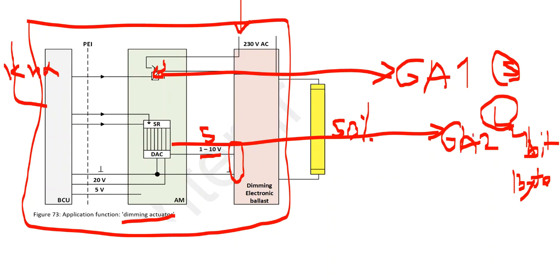Remember that I said the short operation switches the light on or off, or on to the last brightness value, and the long operation is going to increase or decrease. So it is in two ways, relatively or in an absolute way. Great. So now I'm going to provide some examples in ETS.